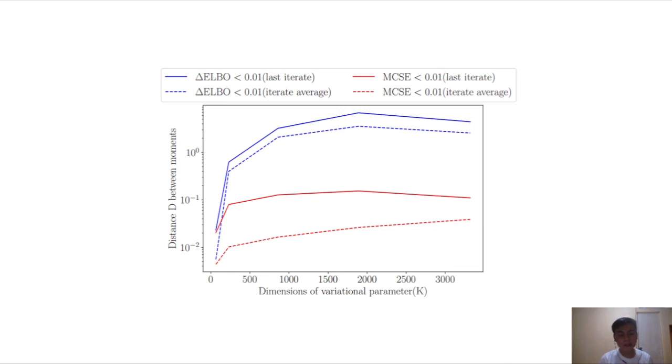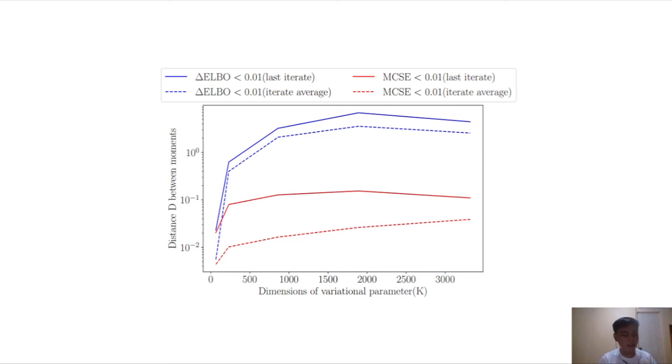The blue lines, both the solid and the dotted line, show the standard stopping rule, which is the delta ELBO. And the red lines, both the solid and the dotted red line, show the proposed method, which is the MCSE stopping rule. Both of the dotted lines, the blue one and the red one, indicate that they used iterate averaging in that case.